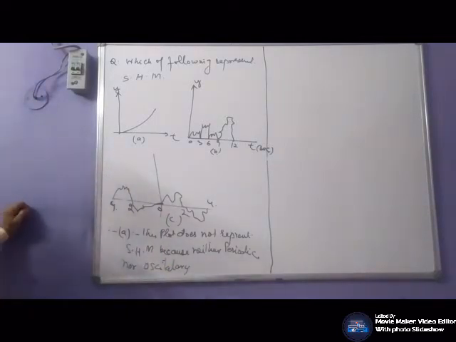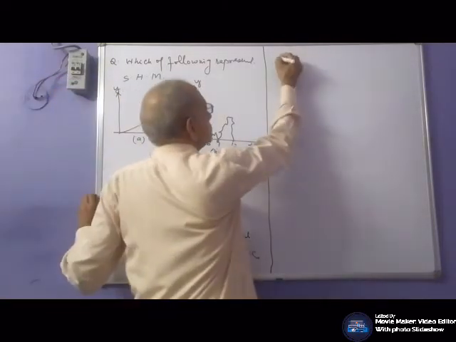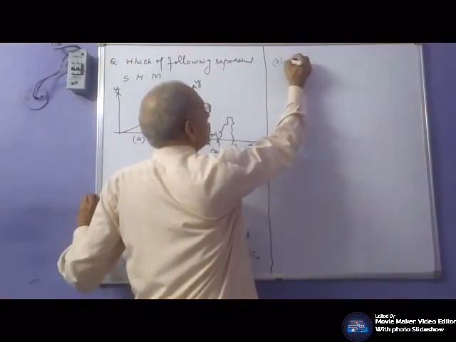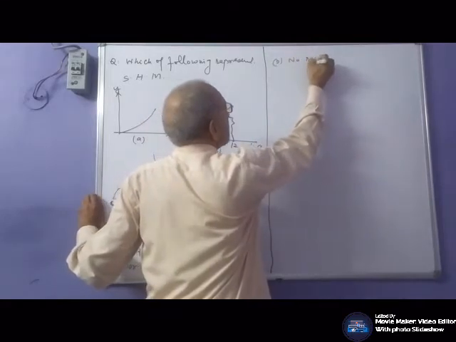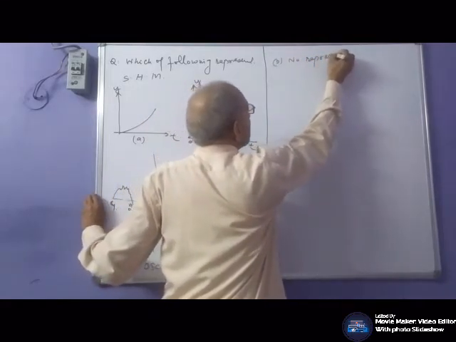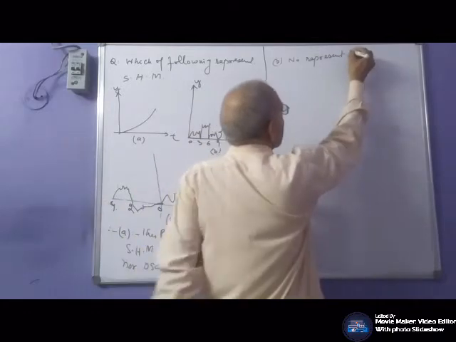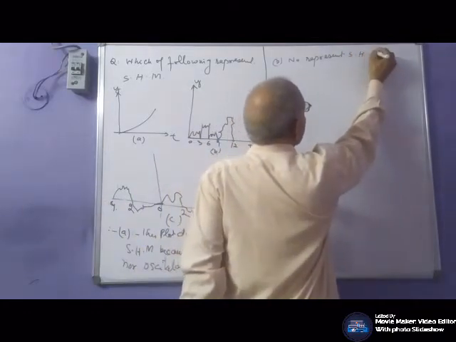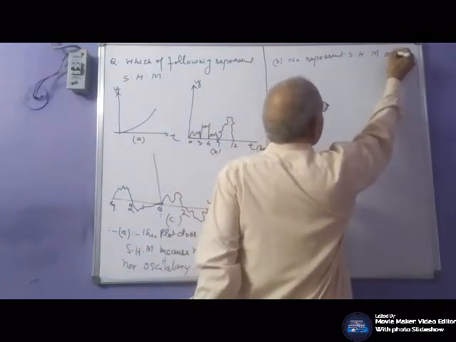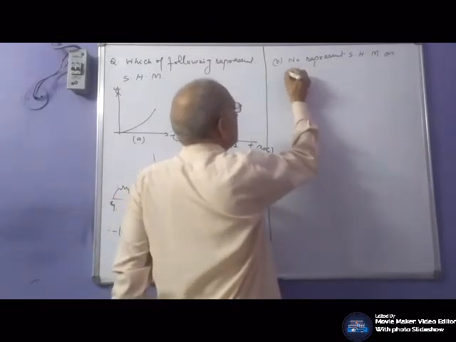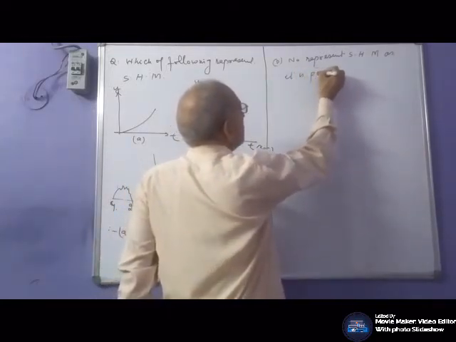There is no cycle or circle, nothing, so it is neither periodic nor oscillatory. B does not represent S.H.M as it is periodic.